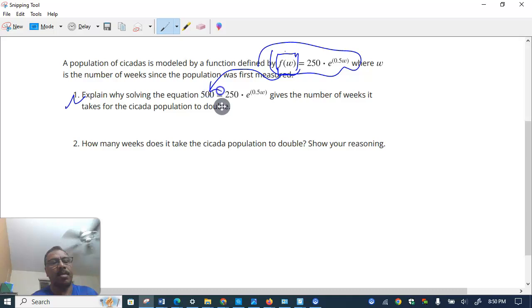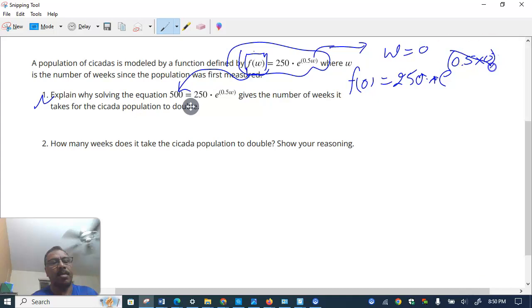If w is replaced by, let's say, 0, f of 0 will equal 250 times e raised to 0.5 times 0. You can see this whole exponent will be 0, and anything raised to 0 will be 1. So what you are left with is f of 0 is 250.